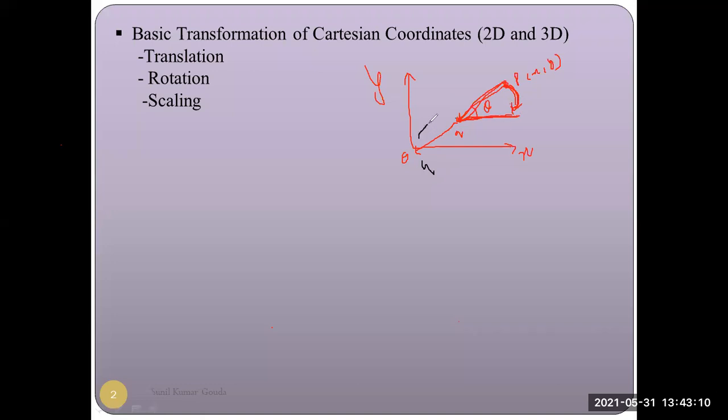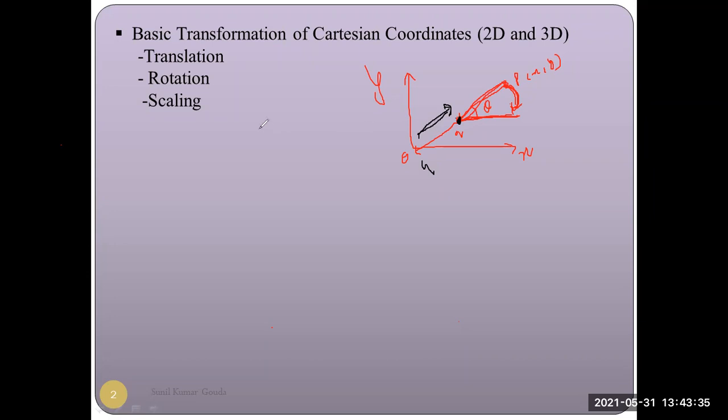Then again I will shift this Q back to its original point. So this is the formula or method that is applied when you have to perform a rotation with respect to any point.